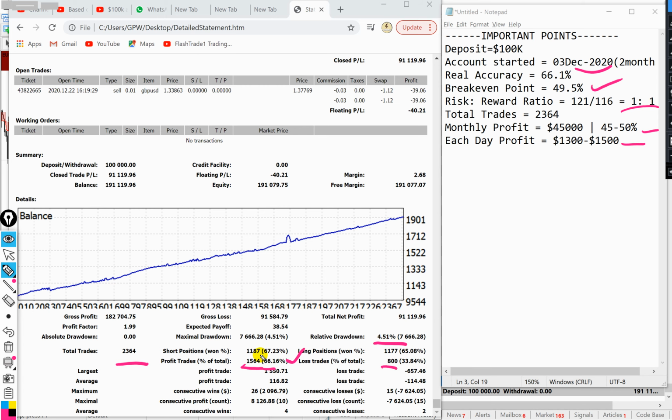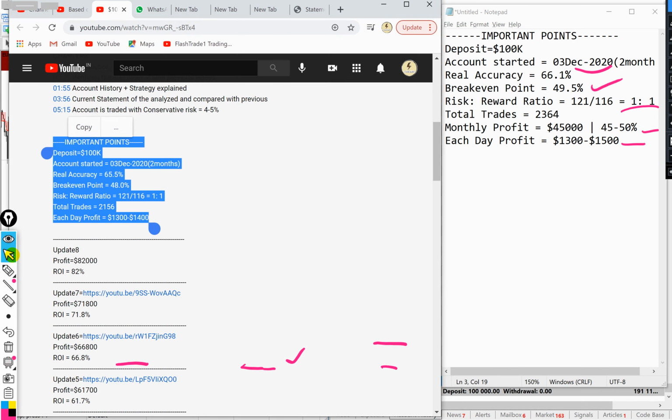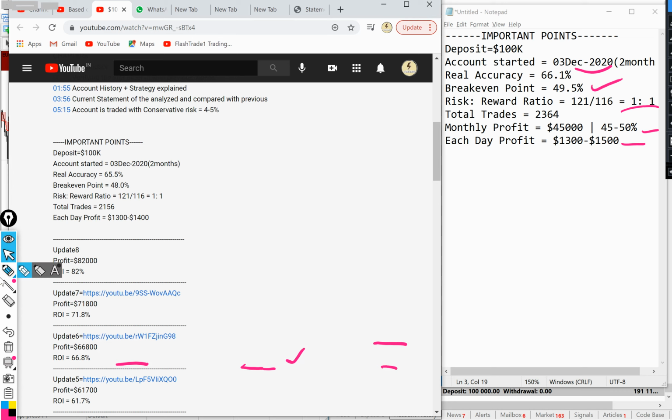Now you can check this update with the previous one, where you can see that previous time the real accuracy of the account was 65.5, now it's 66.1, so accuracy has increased on the account, which is a good thing. Break even was 48.0, now 49.5, which has increased.